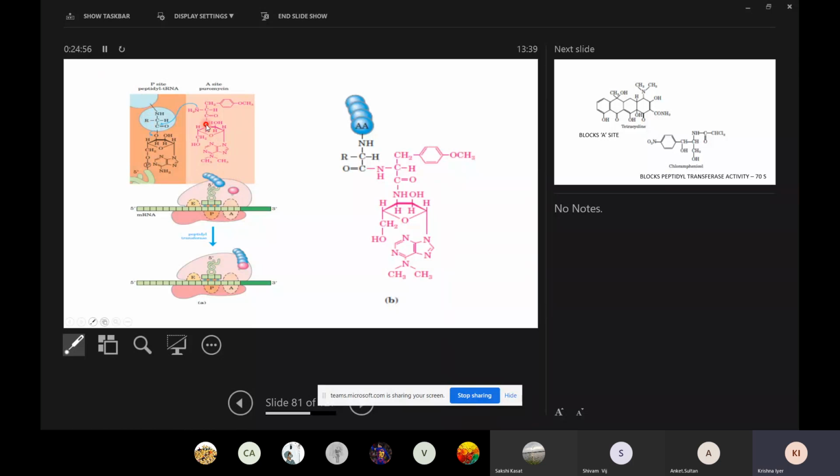But the problem is, it itself is not amenable to further reactions. So after that reaction occurs, the peptide gets transferred to puromycin, and puromycin simply leaves, basically giving you what is called truncated protein synthesis or interrupted protein synthesis. Sometimes you end up getting dipeptides, tripeptides, pentapeptides, depending on the concentration of puromycin.